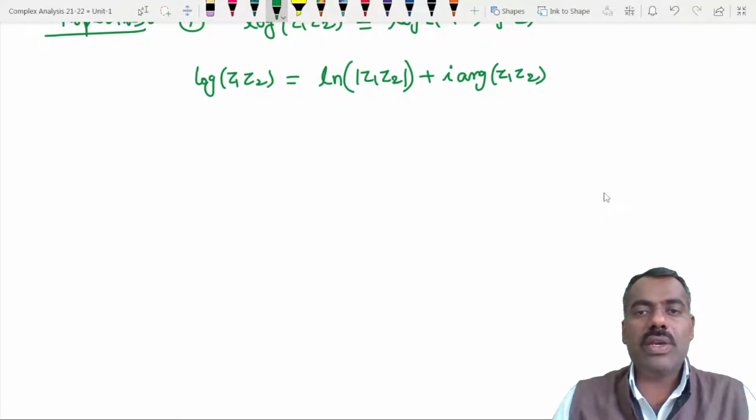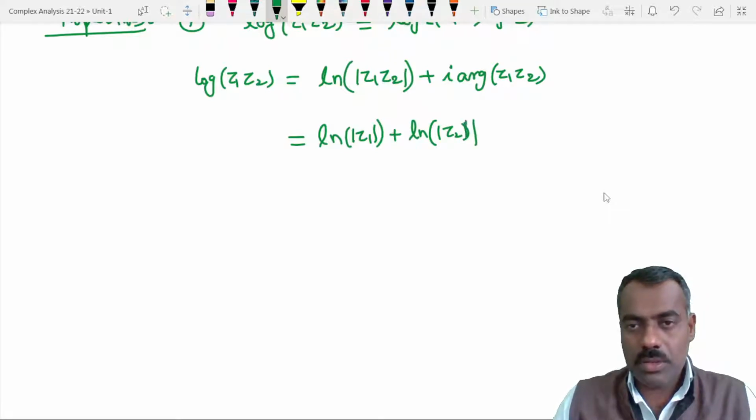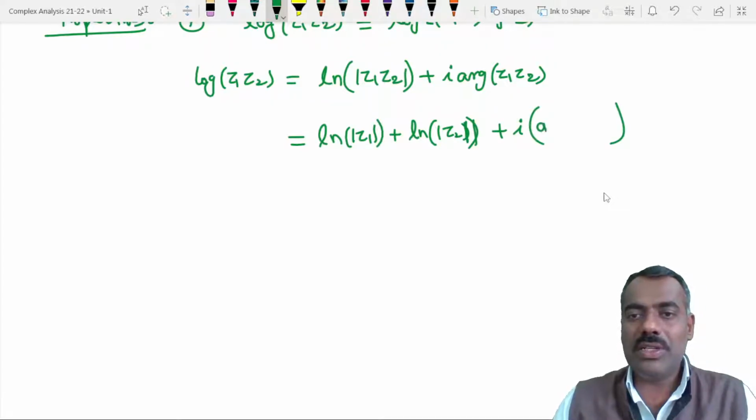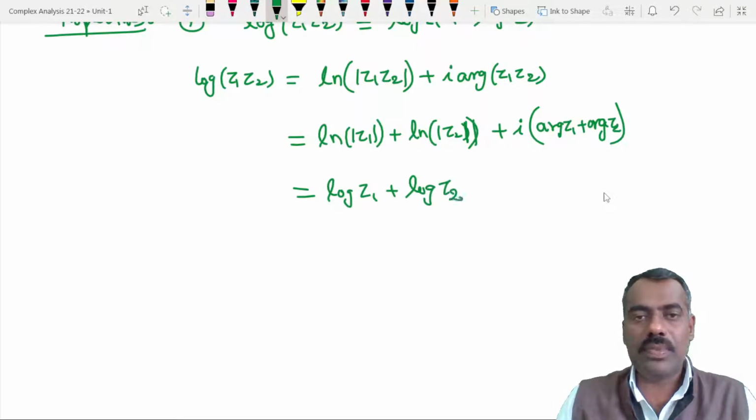Then you expand: this is the same as the natural logarithm of mod z1 plus the natural logarithm of mod z2, plus i times, we already know the argument of z1 z2 is the same as argument of z1 plus argument of z2. Then you will get this is the same as log z1 plus log z2.